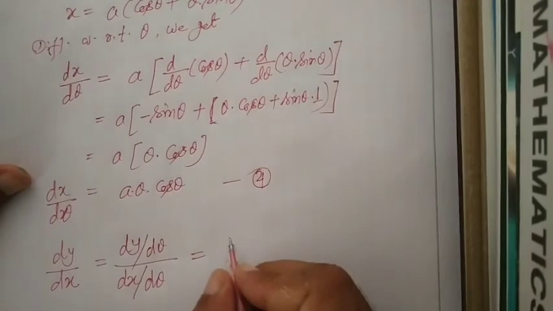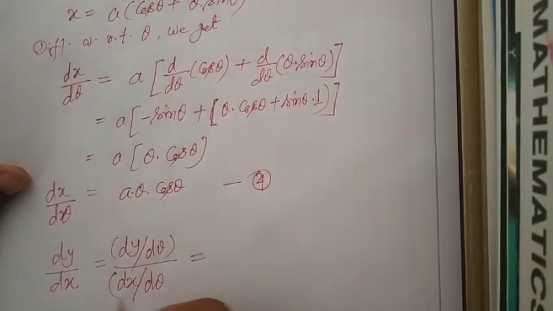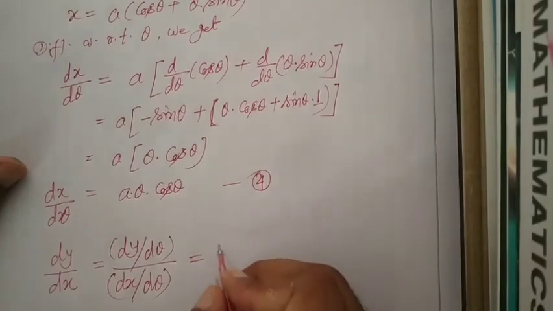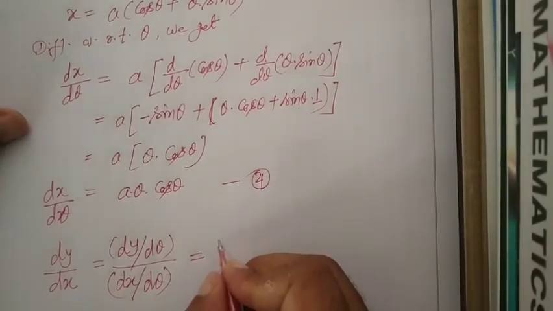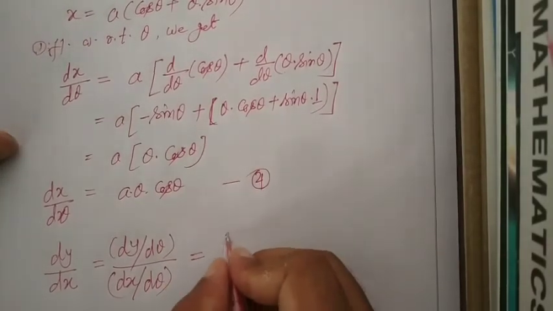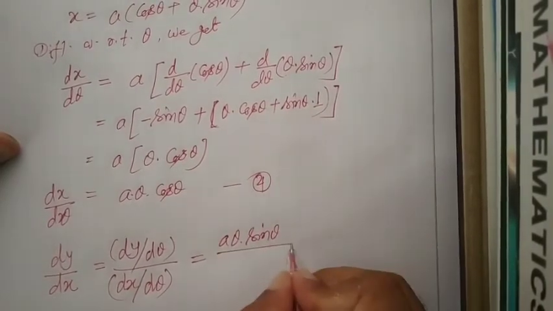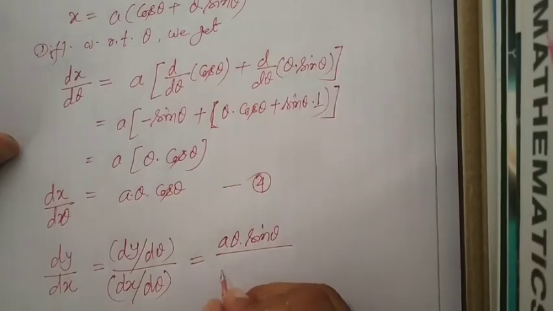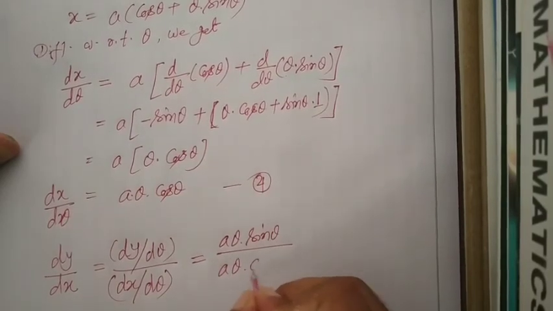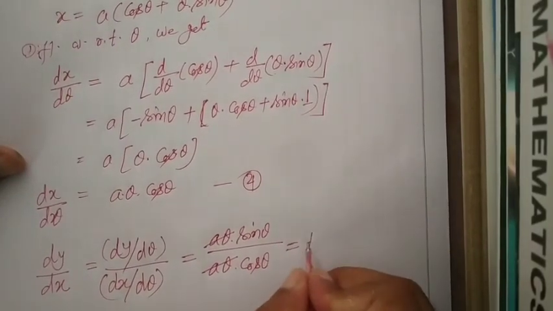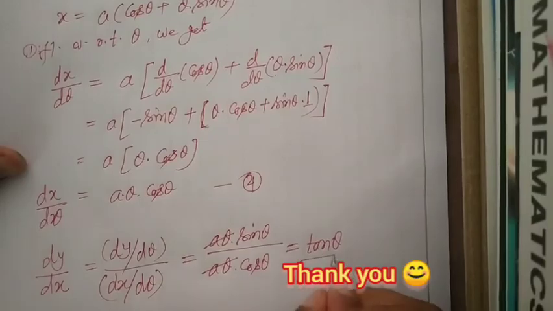So here we have dy by d theta and dx by d theta, and we substitute the values from equations third and fourth. Equation third gives dy by d theta as a theta sine theta, and here we get a theta cos theta. So a theta gets cancelled, and finally you get tan theta as the answer.